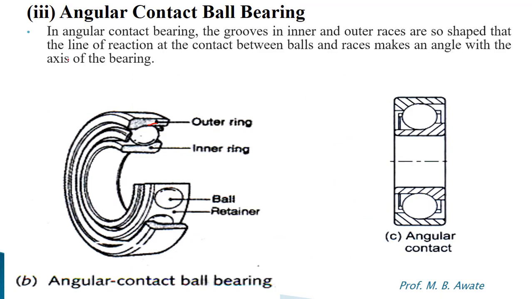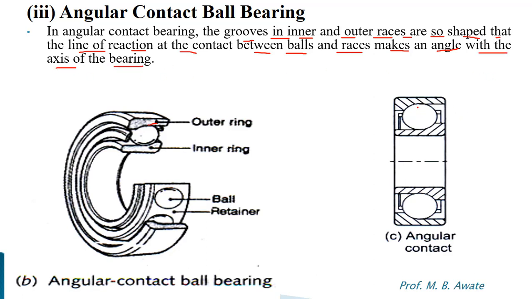Okay, so in case of angular contact bearing, the grooves in inner and outer races are so shaped that the line of reaction at the contact between balls and races makes an angle with the axis of the bearing.